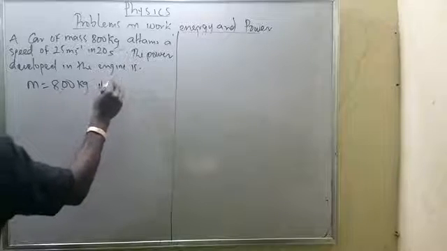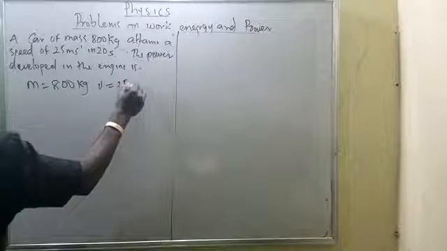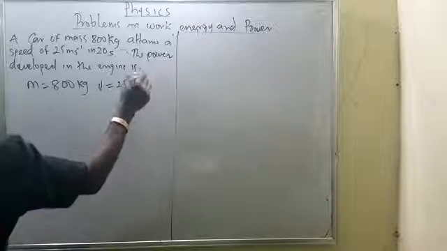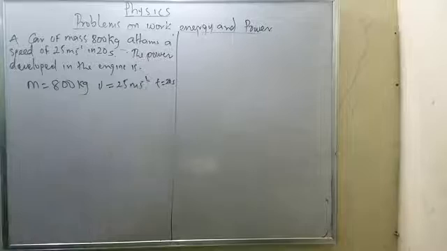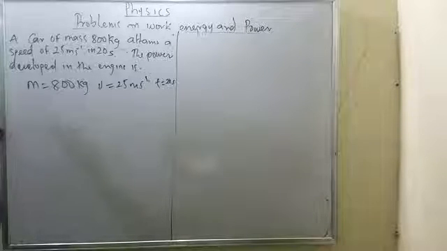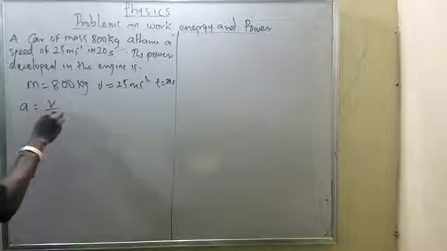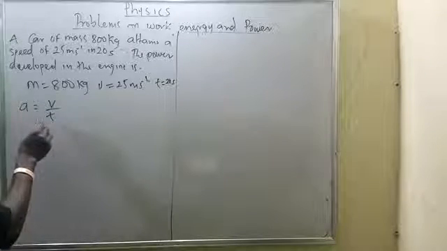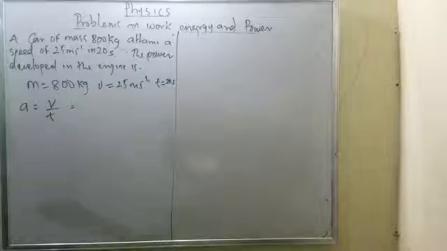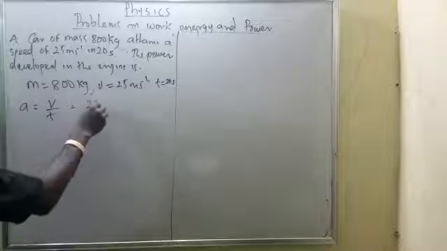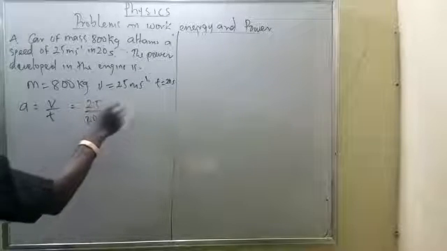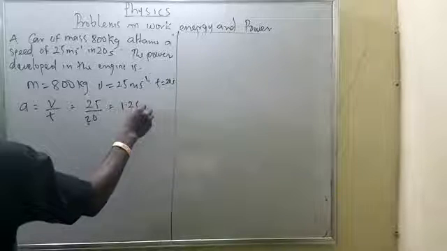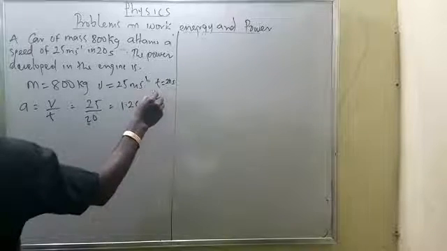My mass is 800 kilogram, my velocity is equal to 25 meter per second, and my t equals to what? 20 seconds. That one is very, very straightforward. It means I can say my acceleration equals v over t, which is 25 over 20, which I will have 1.25 meter per second squared.